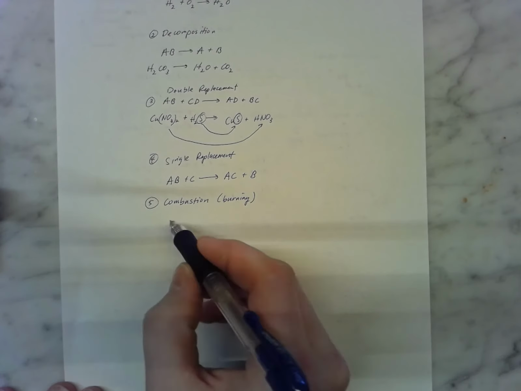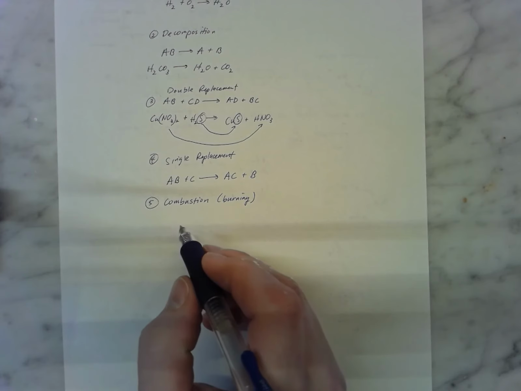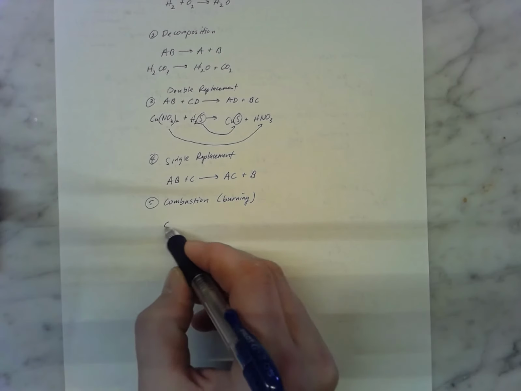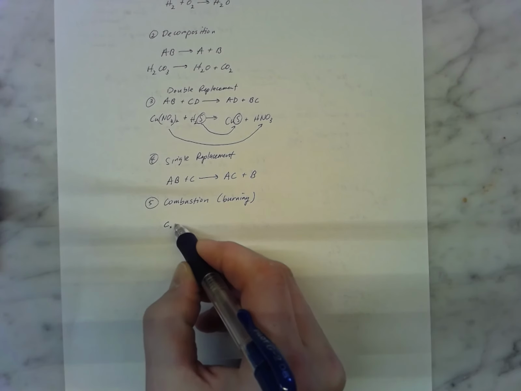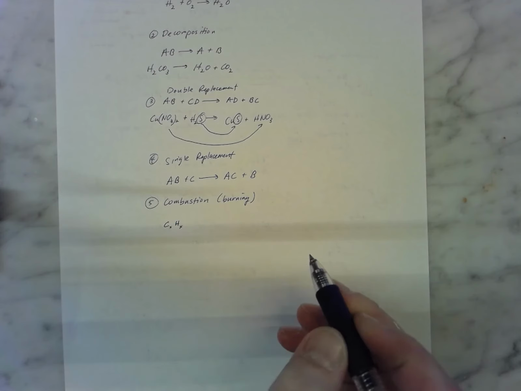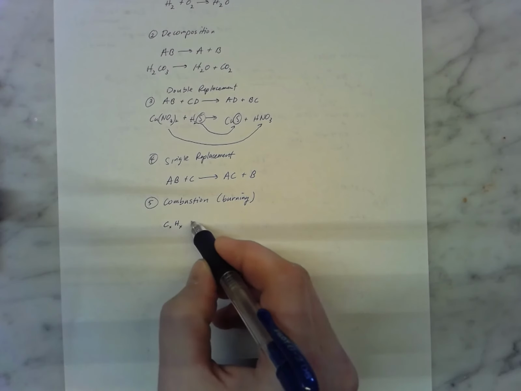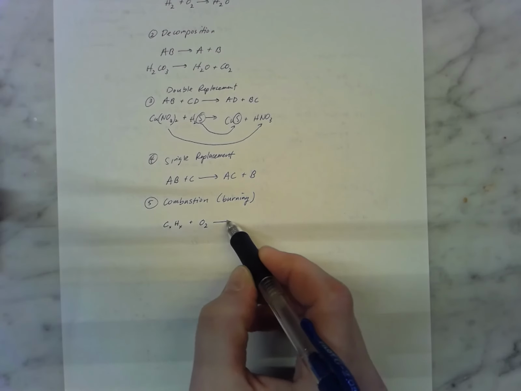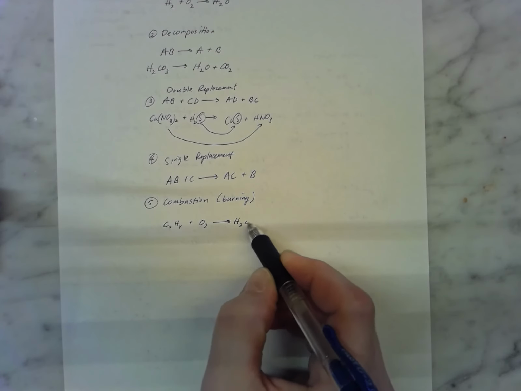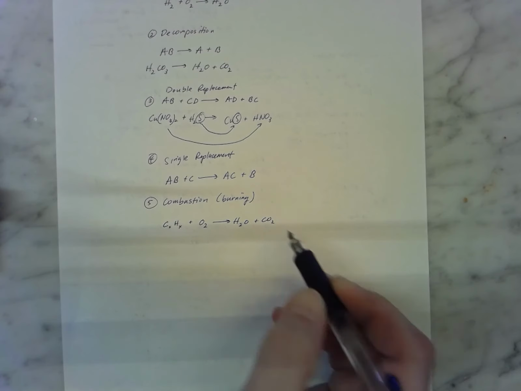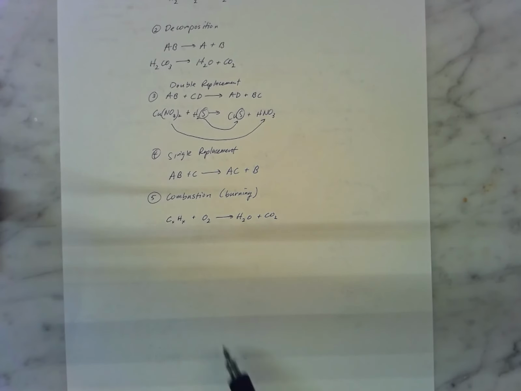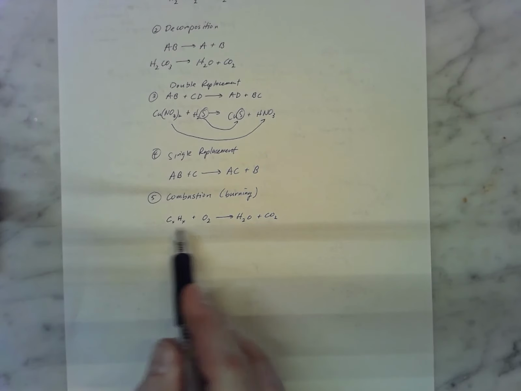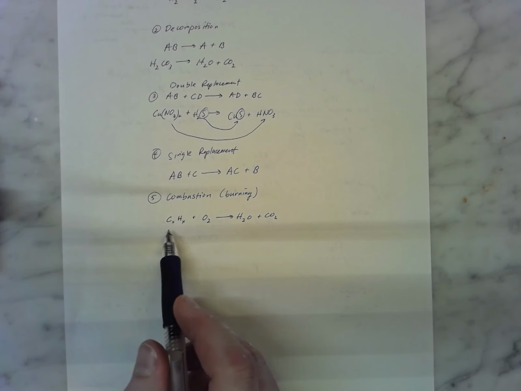Okay, and so you always have a hydrocarbon plus oxygen, and it goes to water and CO2. Okay, and I put an X and an X here because they all can do it. Okay, they follow the same thing.